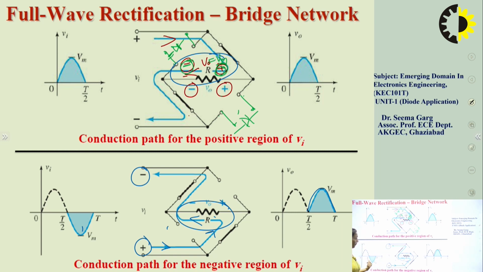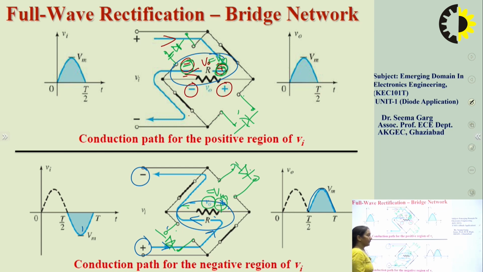Similarly, if you come into the negative half cycle, you can see that the voltage across these two diodes, if we measure this voltage, will be equal to again Vm, but this is plus and this is minus, and our diode was connected like this. So again this positive is connected to the cathode and this negative is connected to the anode of the diode.